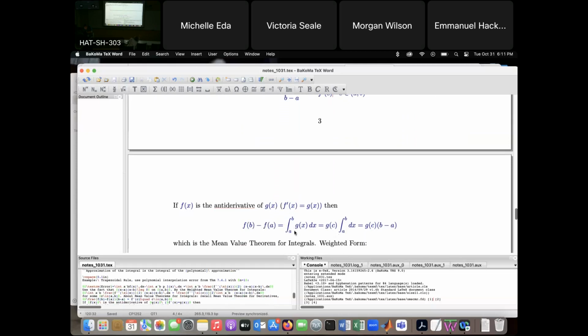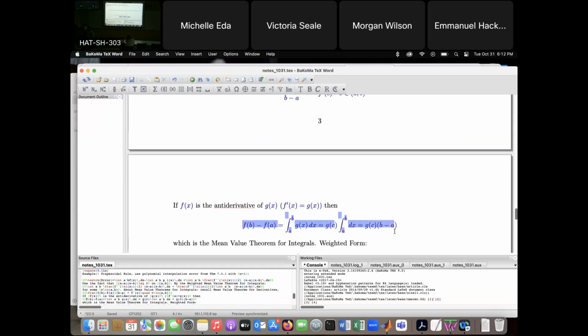But that is equal to the derivative at a select point times b minus a by the mean value theorem for derivatives. So here we have the mean value theorem for integrals: the integral of a function g from a to b is equal to b minus a times the value of the integrand at some point c.